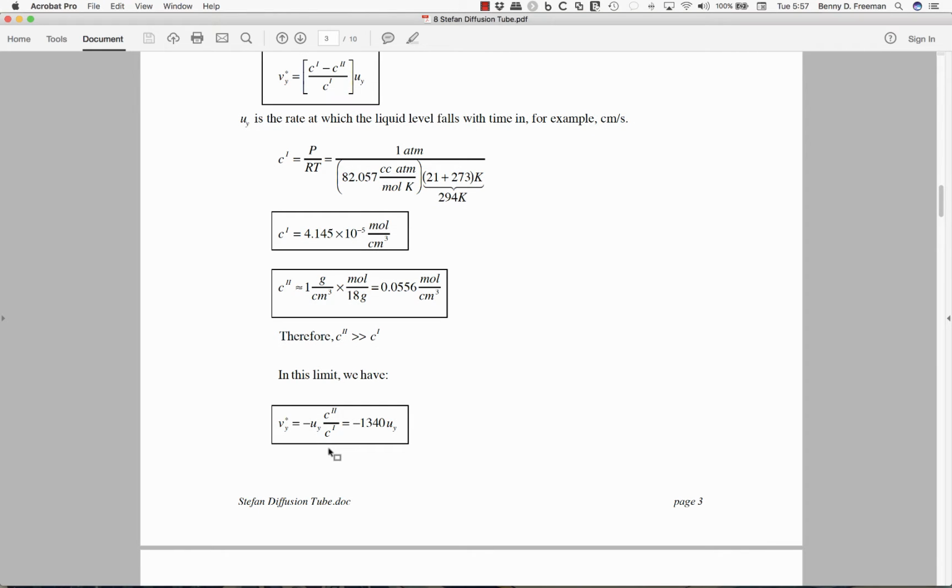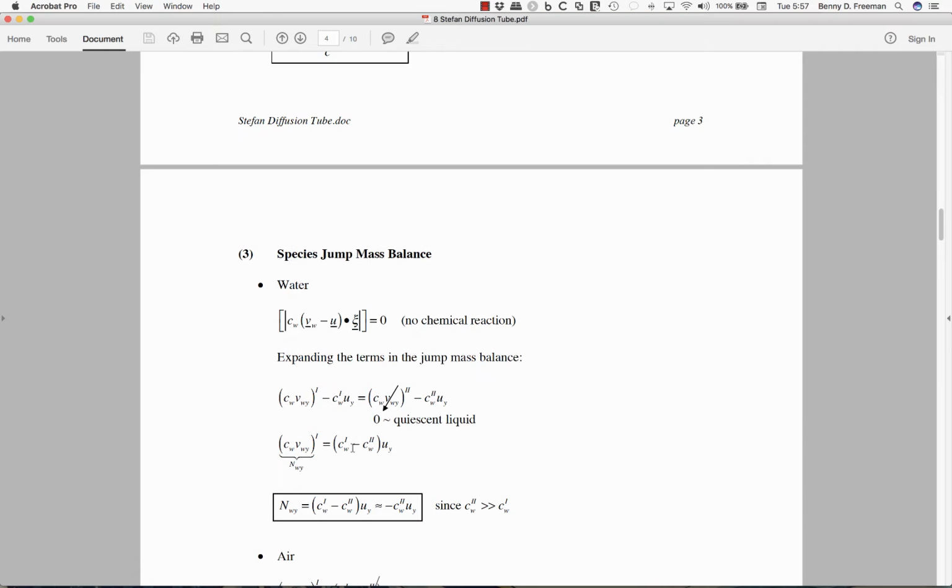We discussed this result from an intuitive point of view in class, and now you can see it quantitatively.